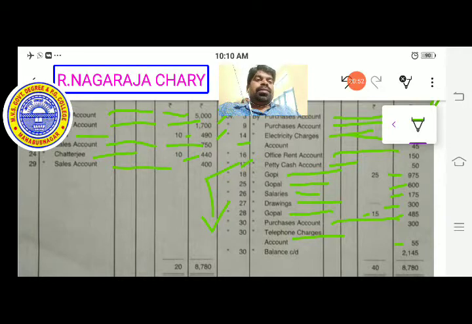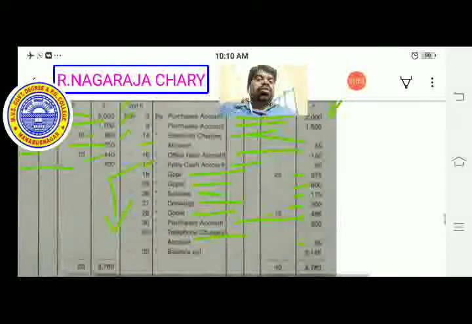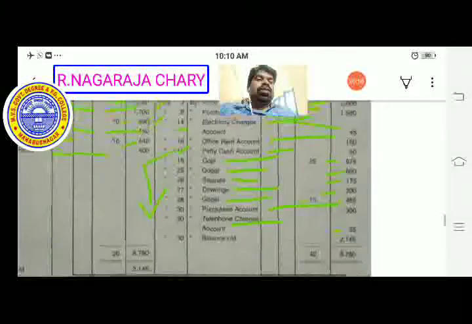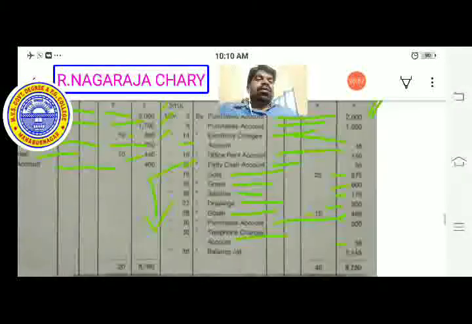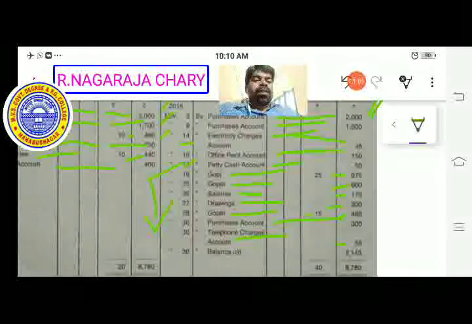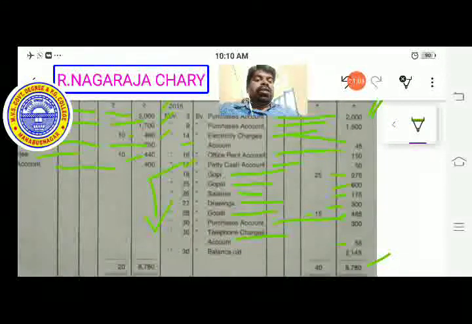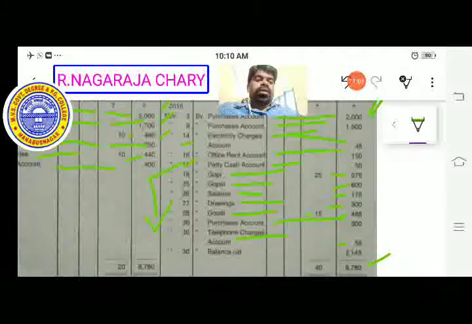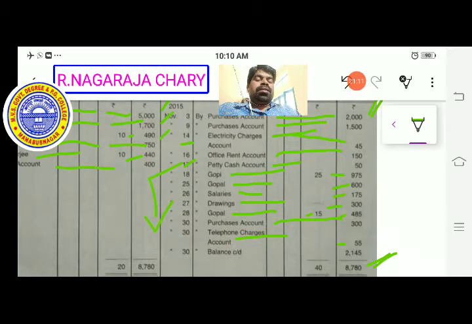The same total is to be recorded on the other side. After that, from this 8,780 rupees, all the payments are to be deducted.